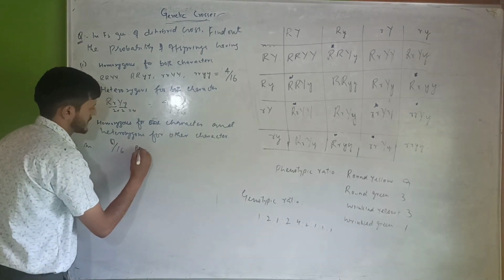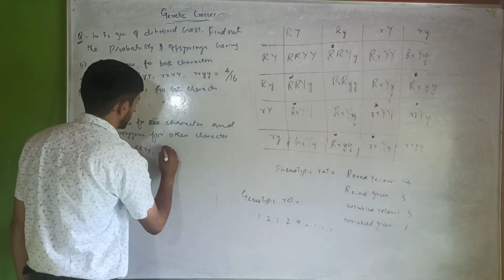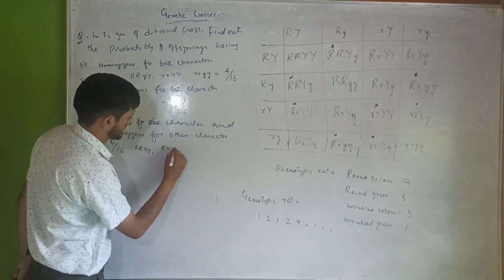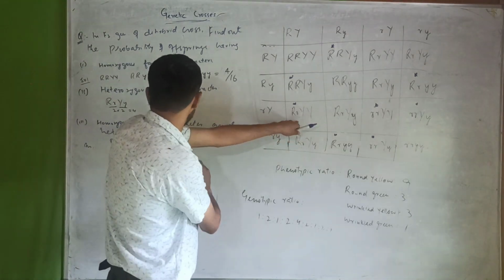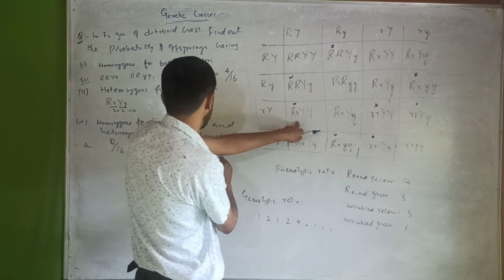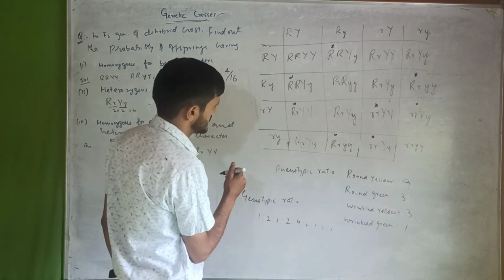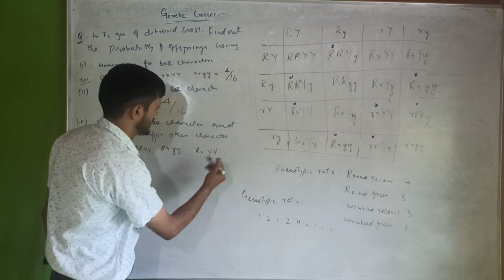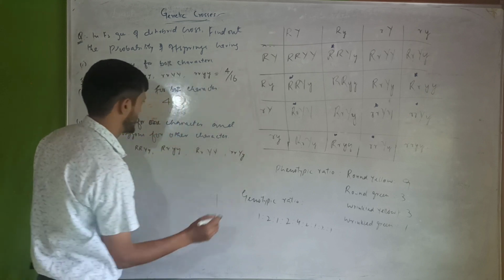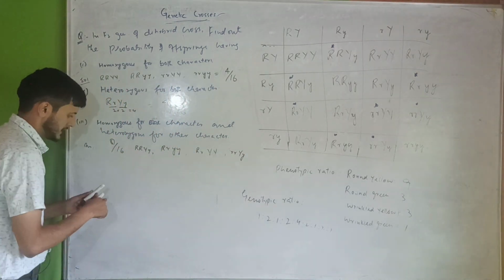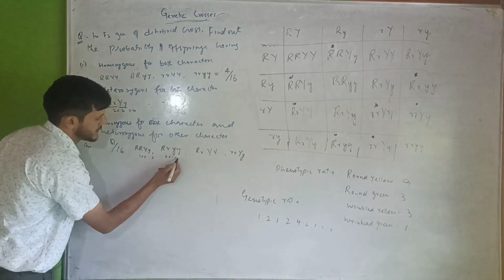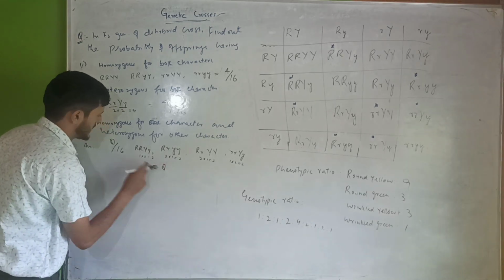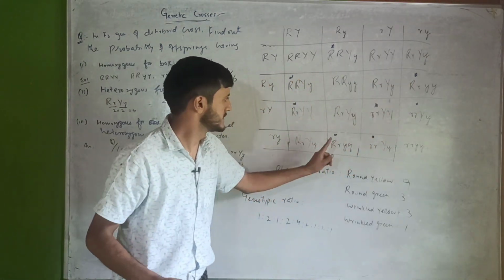Capital R, capital R, capital Y, small y; capital R, small r, small y, small y; capital R, small r, capital Y, capital Y; small r, small r, capital Y, small y. 1 into 2, 2; 2 into 1, 2; 2 into 1, 2; 1 into 2, 2. 2 plus 2, 4, 4 plus 2, 6, plus 2 means 8. Answer 8 by 16. Like this.